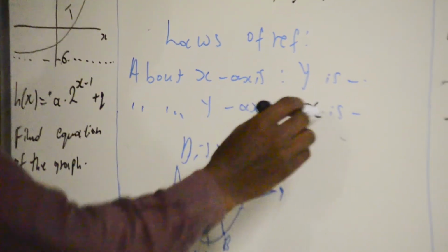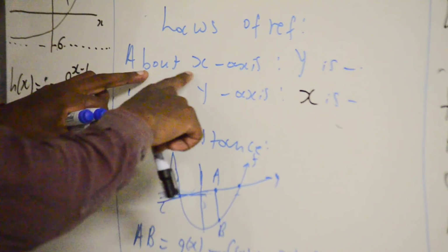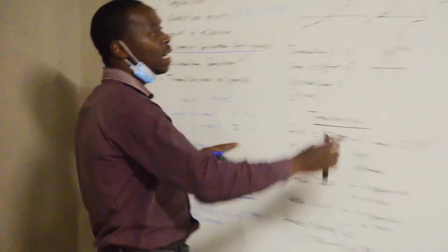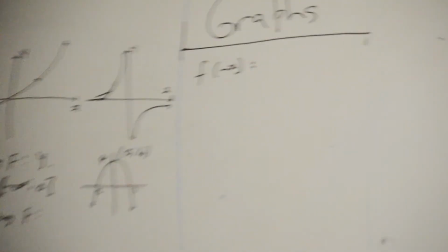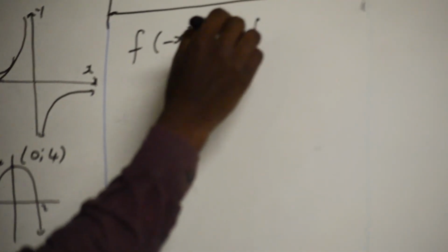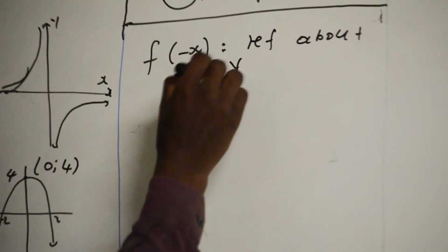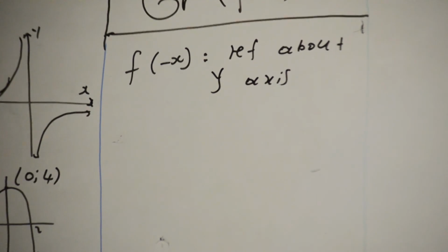Made a mistake here. So my x is negative. If the reflection is about the x-axis, my y is negative. So in this case, what affected my x? Why is x negative? There is only one thing that affected x here, and that is the reflection about the y-axis. That's the only thing that can affect your x.